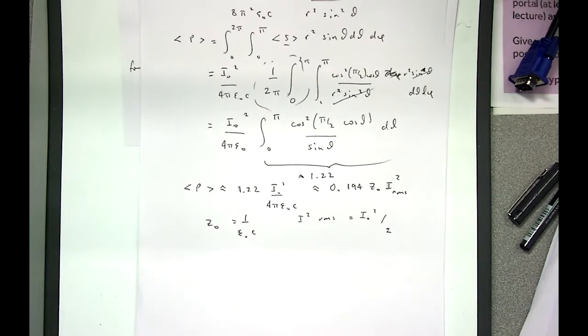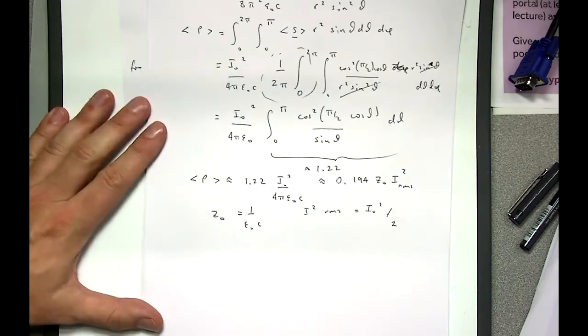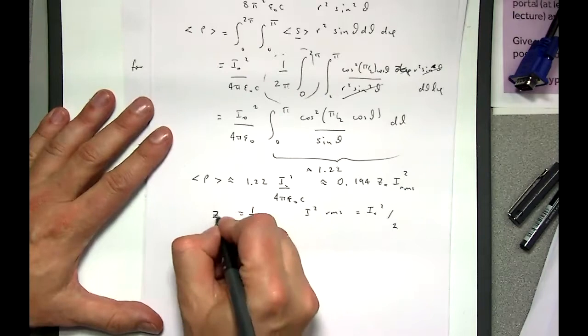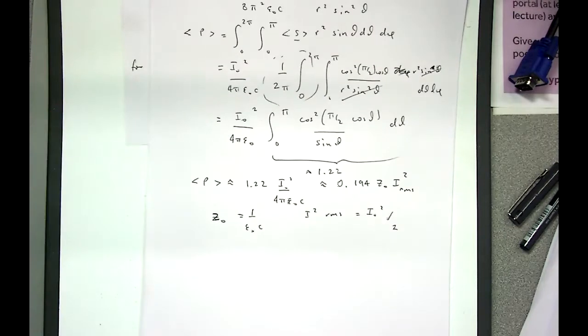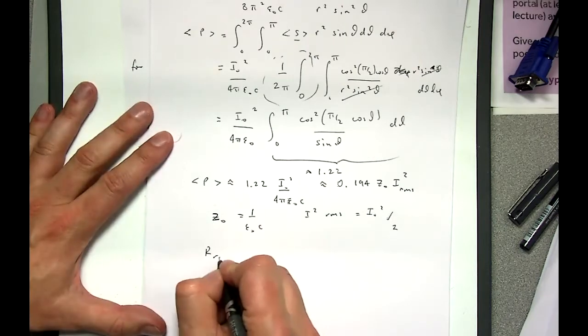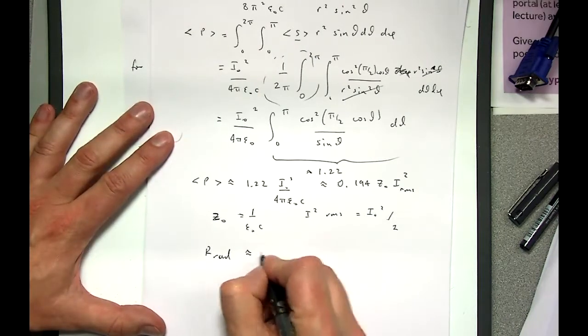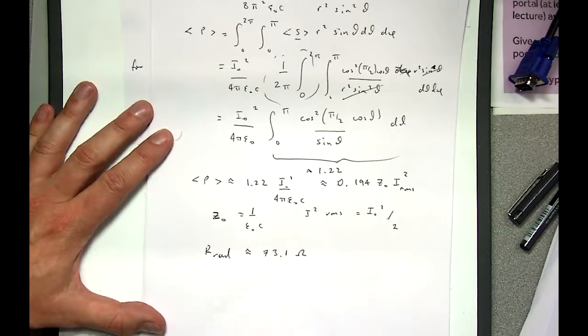So just to finish off, we've looked at a Hertzian dipole, and we've found that there is a thing called a radiation resistance that relates the amount of power to the amount of current flowing squared. But in this case, when we look at the phase difference between the different current elements over a real length antenna, and in this case we've had a half-wave antenna, the radiation resistance in this case turns out to be about 73.1 ohms.